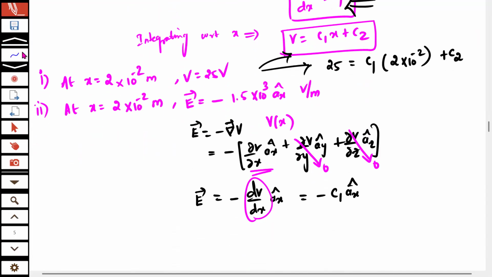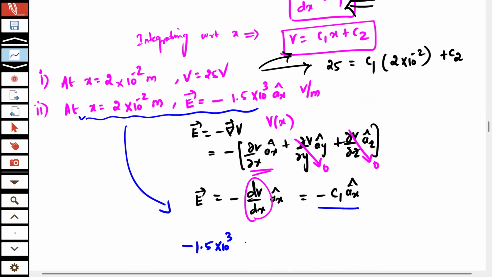The second boundary condition can be applied for this equation, which is the last equation. Thereby we will be getting at x equal to 2 centimeter, electric field is minus 1.5 into 10 power 3 ax cap, which equals to minus c1 ax cap. There is no x variable in this expression. Thereby, we can directly write c1 as this value. We will be getting c1 as 1500.